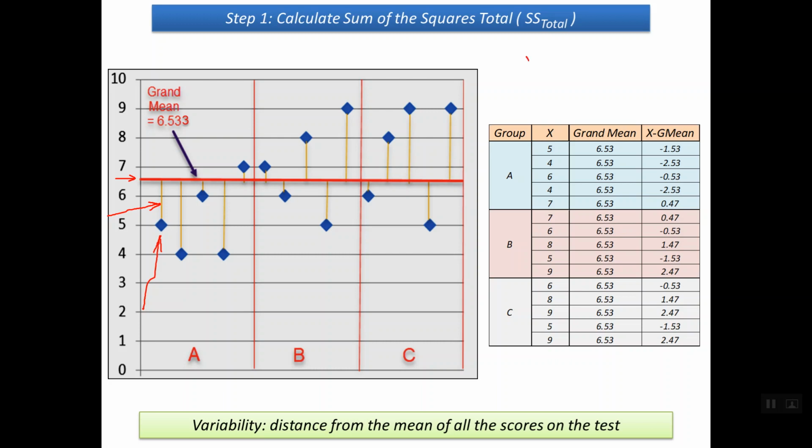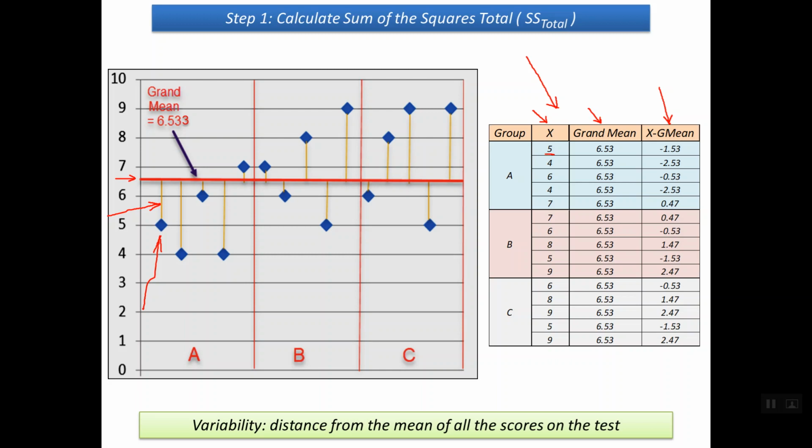So in this table here, we have the observations, and here we have the grand mean, which is 6.53. So the first procedure is to calculate the difference between the observations and the grand mean.